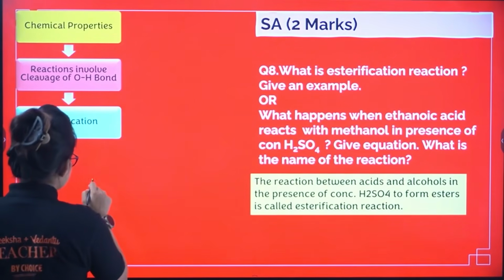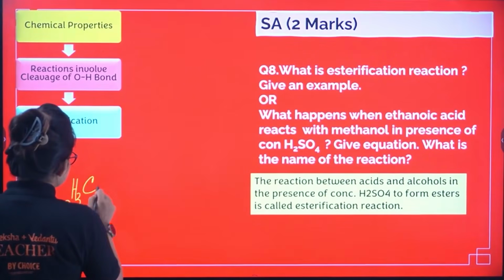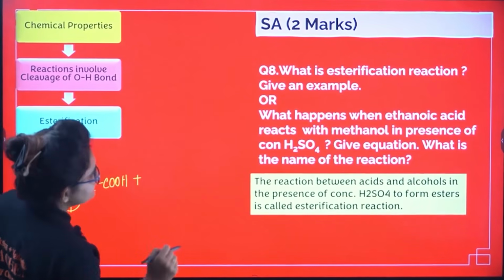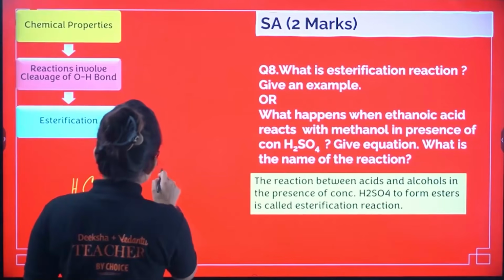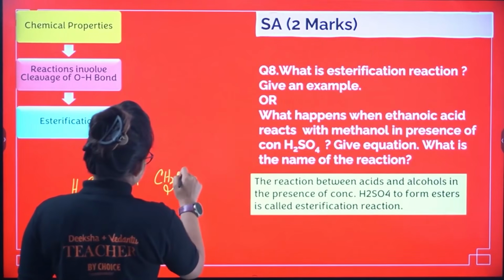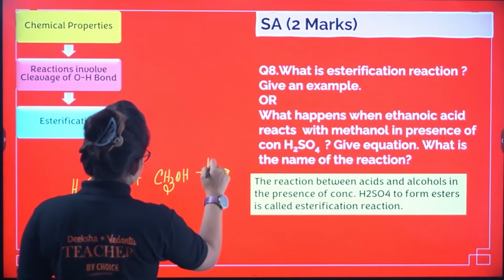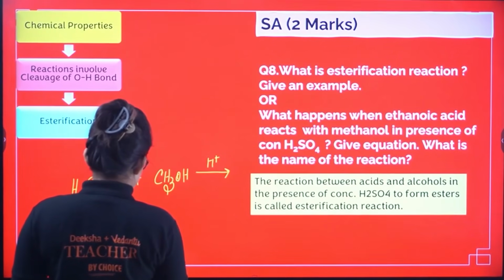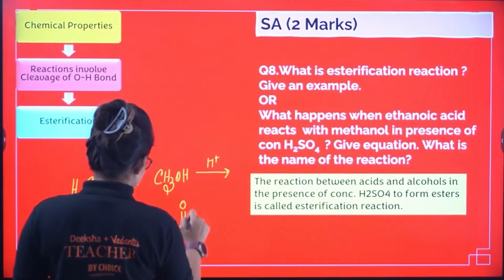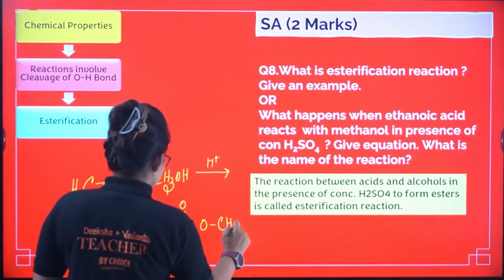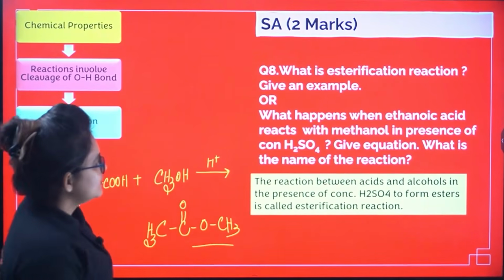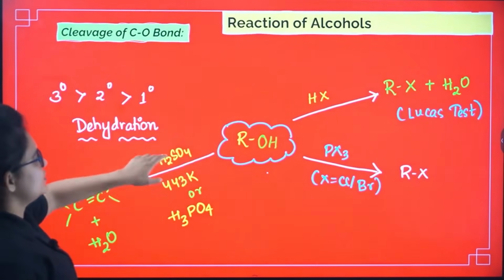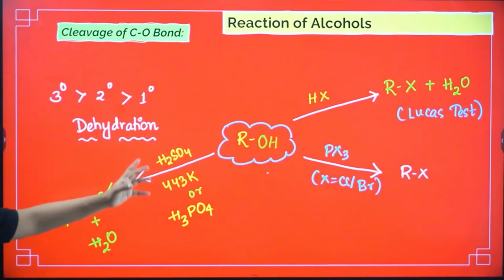Ethanoic acid, CH3COOH, plus methanol, CH3OH, in the presence of a catalytic amount of H plus, will form the ester. I guess it's clear. Let's proceed further. This is the reaction of the entire OH unit.